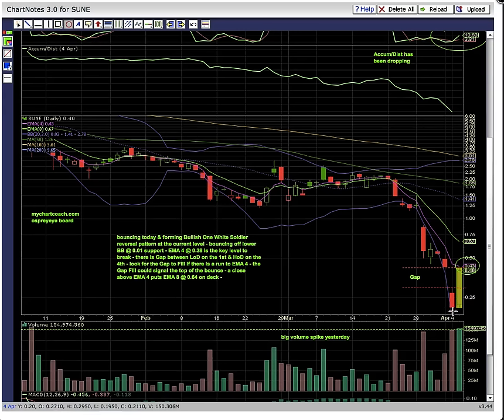Yesterday's candle was bouncing off the lower Bollinger Band, and the trade is between the lower BB, which you can see there's this big volume bar formed yesterday, and there was a lower wick on yesterday's candle, so this showed bounce players loading. That created the trade between the lower Bollinger Band and EMA4. And EMA4 is the sell zone, the take profit zone, unless there is a close above that level.